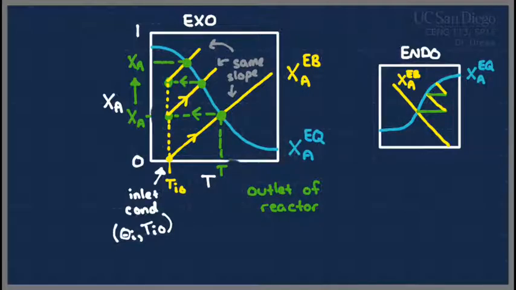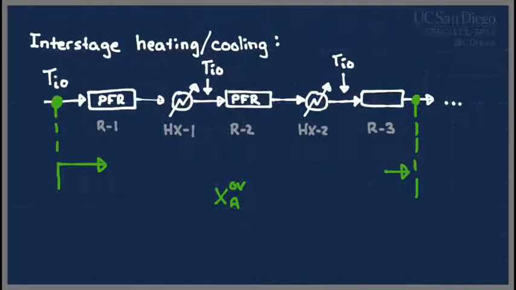What were the assumptions again? Like, are we assuming we let them react long enough that they go back to equilibrium? Yes. So that was probably the key assumption in here that we haven't really used before, is that whenever one of these things goes through the reactor, when it comes out at this side, everything is at least very close to equilibrium every time it comes out of a reactor.